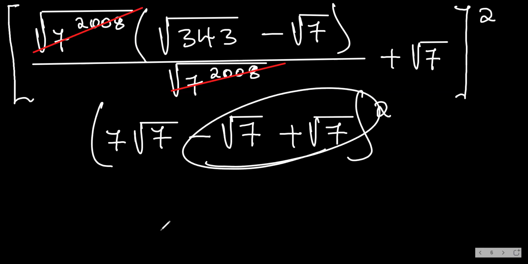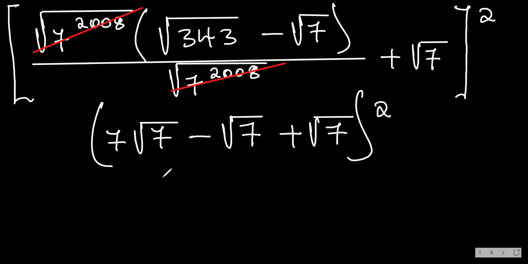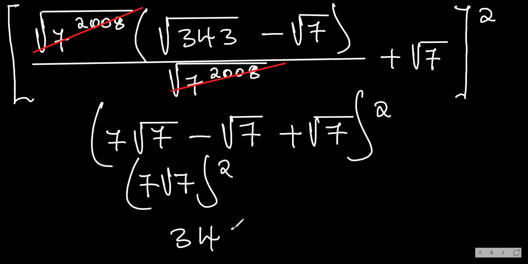Now those ones, they will cancel out. And now we are left with 7 square root 7, which is squared. And of course, that will give you 343 once again. Well, that's what you say. Doing it step by step and remembering the basics was the best way out.